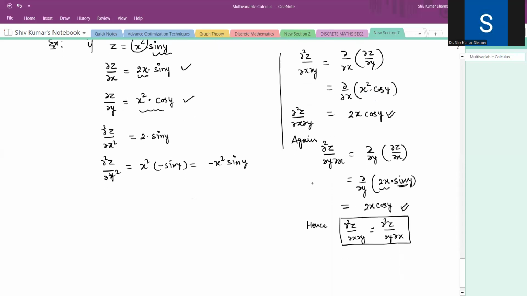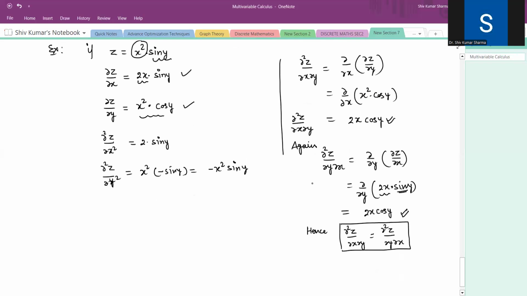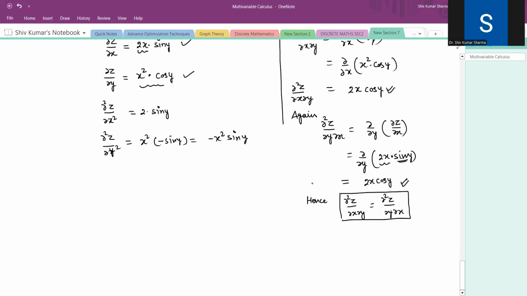So this is purely related to a function of two variables. We have z equal to a function of x, y. Similarly, we have a function of three variables. So suppose we introduce the dependent variable as u.